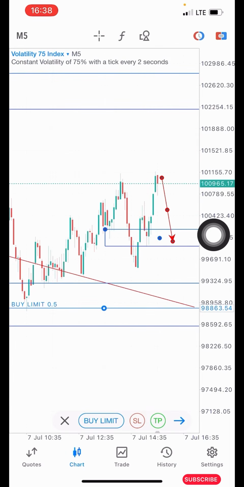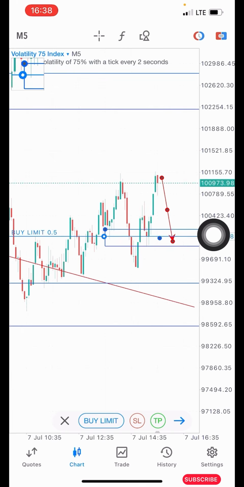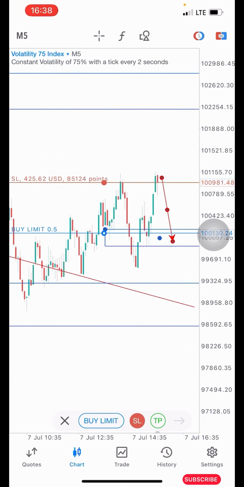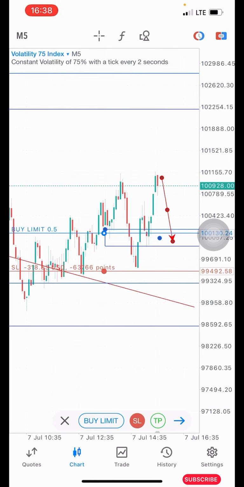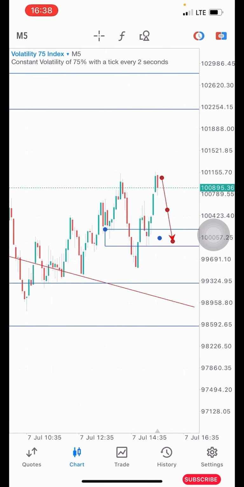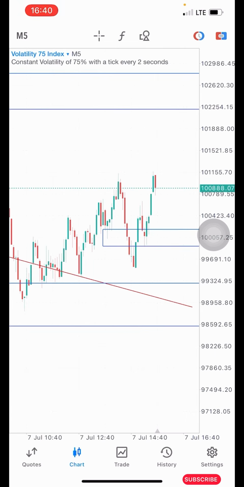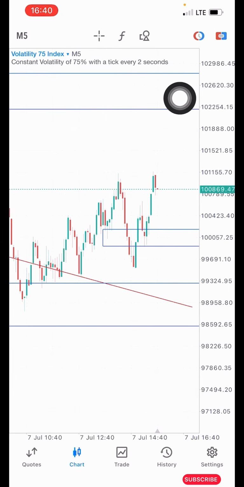Once you place the buy around this area, the stop loss is going to be here, so that you can minimize your losses. But since price is not yet there, in order to minimize your losses, you either wait for price to come down to our support zone, and then you buy to the upside to this area here.